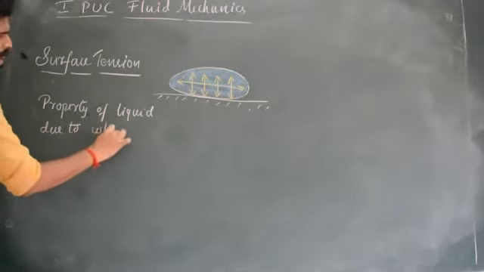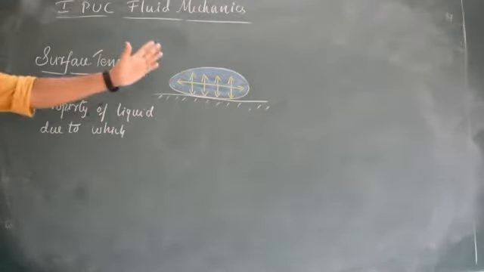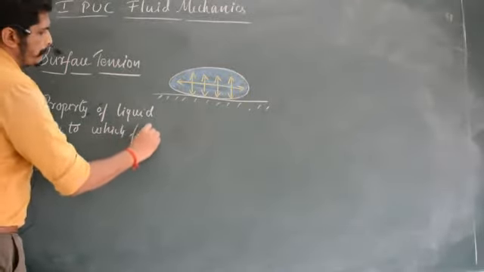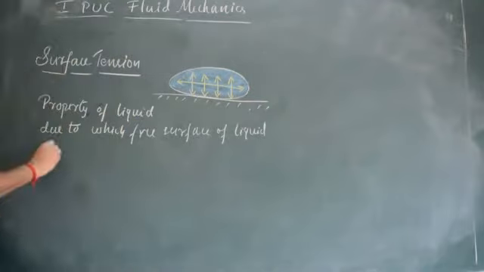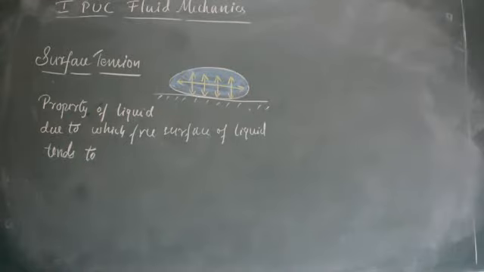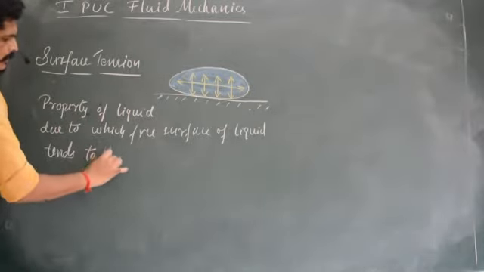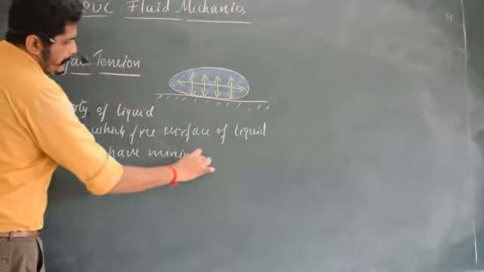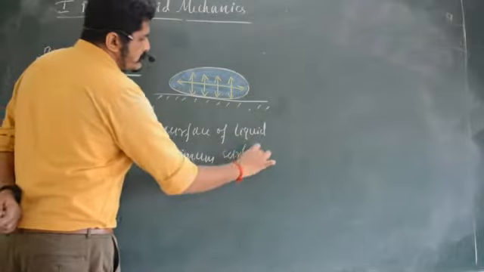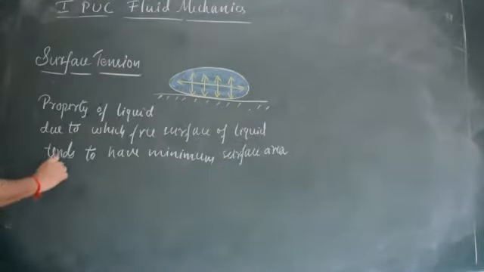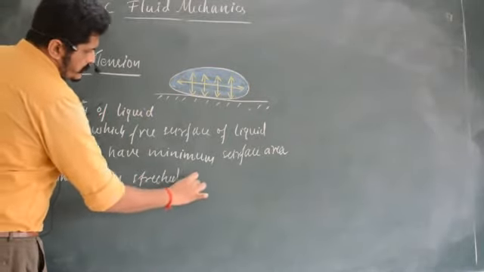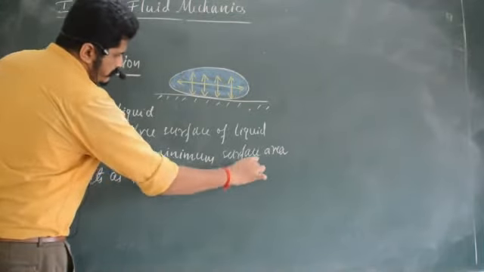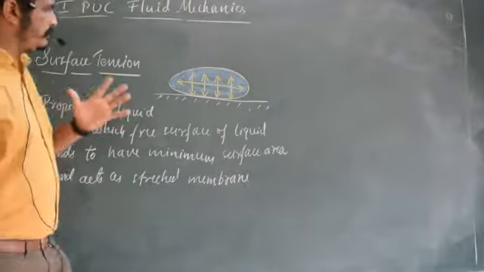The free surface of liquid tends to minimize its surface area, or tends to have minimum surface area, and acts as a stretched membrane. So this is the definition of surface tension.